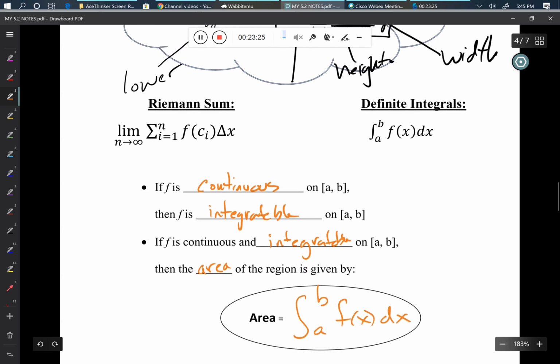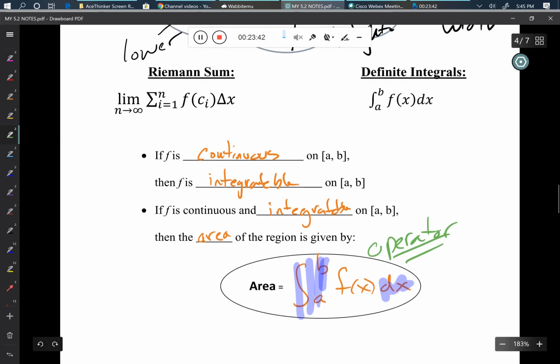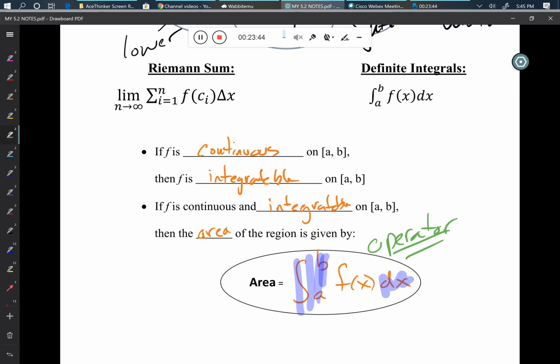Now you might be looking at this and saying, what the heck is going on here? All this stuff right here is just a mathematical operator. A mathematical operator is just a symbol to tell you what to do. This symbol over here on the left is called the integral symbol. It's a stretched out S. S for summation. It has a lower limit that tells you where to start this area calculation.